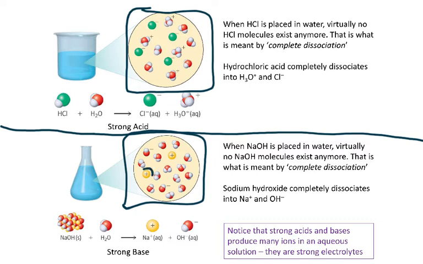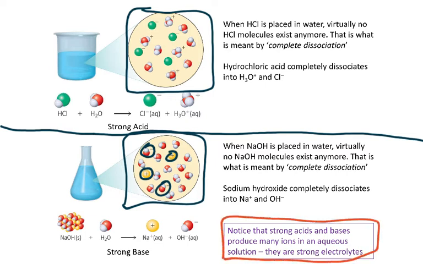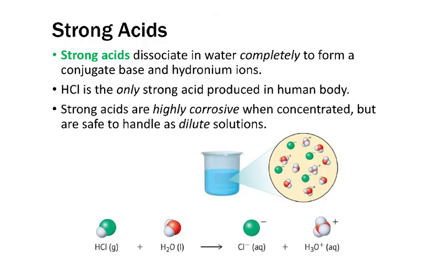So we have ions, Na plus, we have OH minus, and we still have water molecules around. So there's virtually no NaOH left. It is completely dissociated into Na plus and OH minus. And strong acids and bases, by the way, because they completely dissociate, produce many ions in aqueous solutions, they are strong electrolytes.